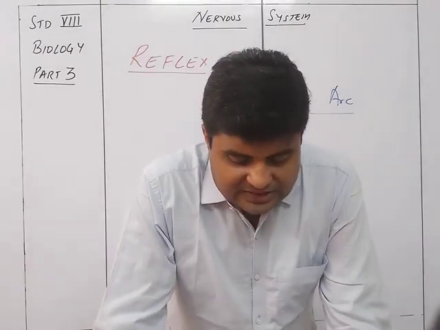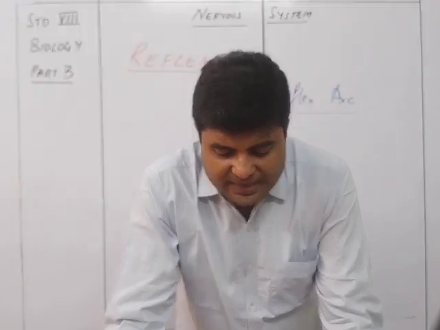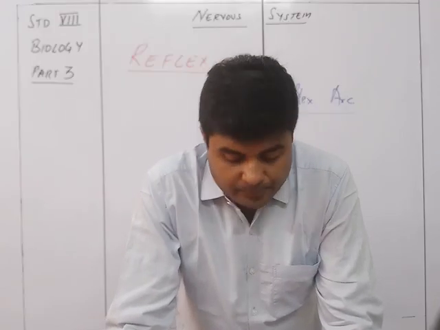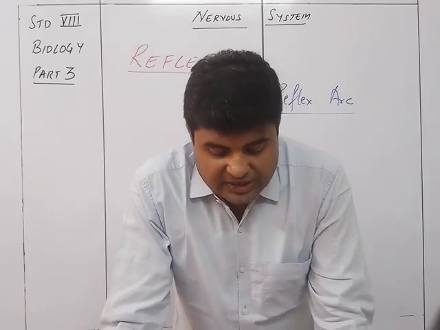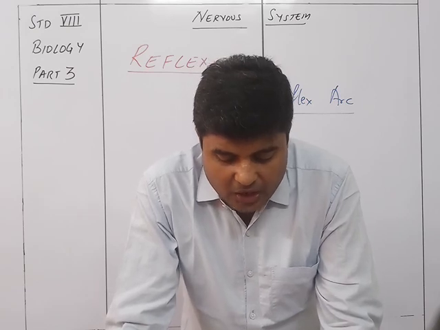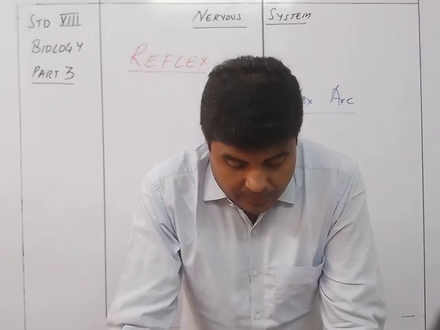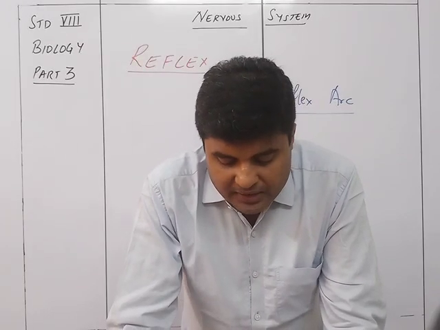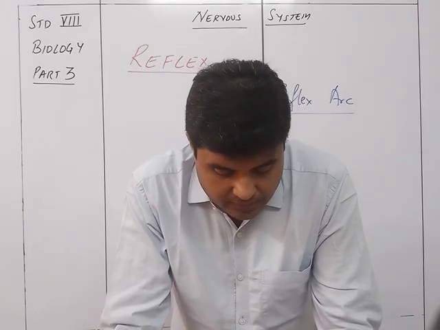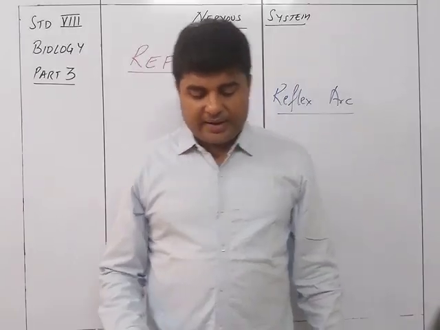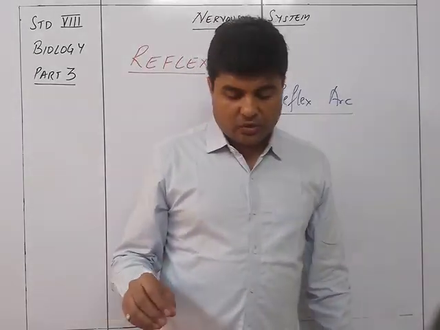So here it is, the stimulus is received by the sensory receptor in the finger. An impulse is generated and carried along by the sensory neuron towards the spinal cord. The impulse travels through spinal nerves towards the spinal cord and arrives at the nerve endings of the sensory neurons.